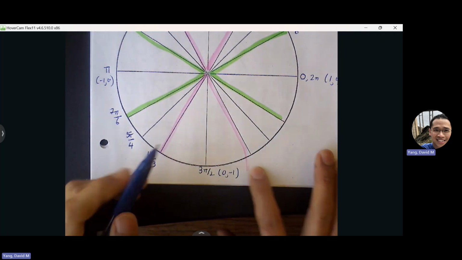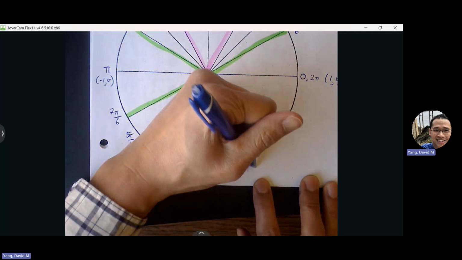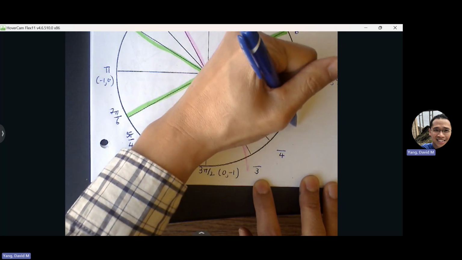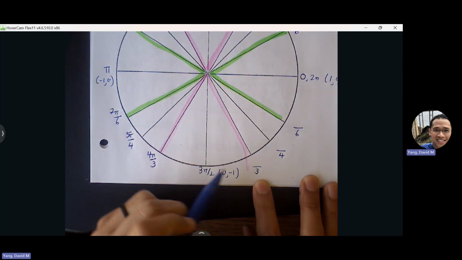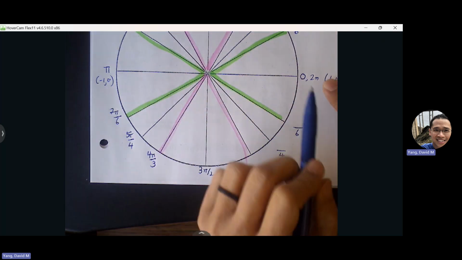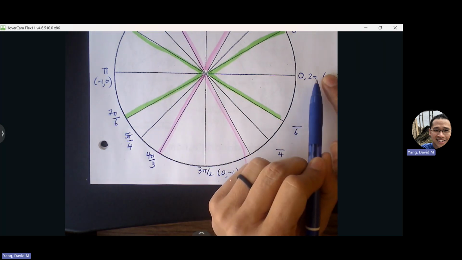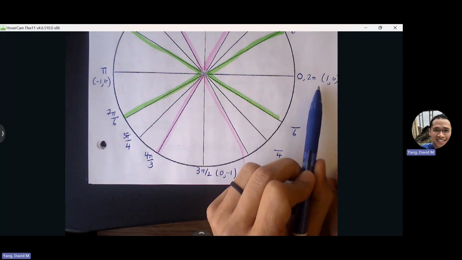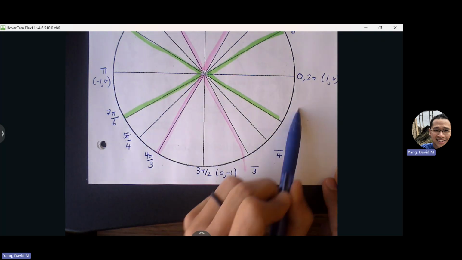And then in the fourth quadrant, again, furthest away is over 3. Middle is 4. Closest is over 6. Now we know that we're getting close to 2 pi here, so we're basically doubling, but not quite. So it's going to be almost double, but less than that.